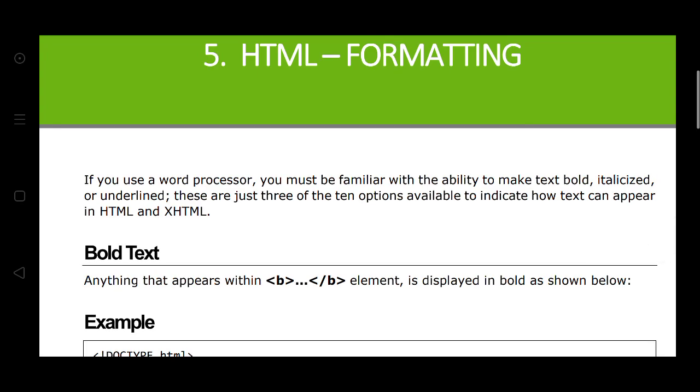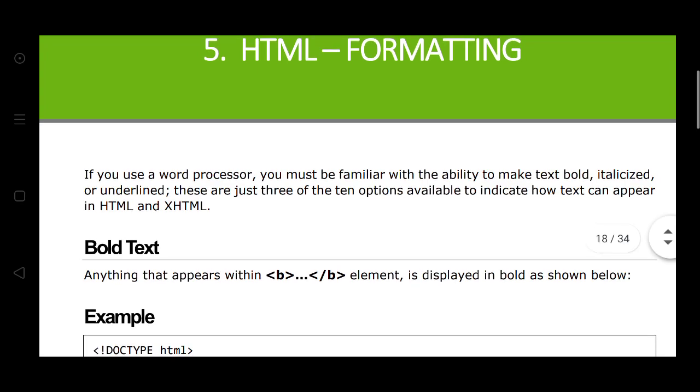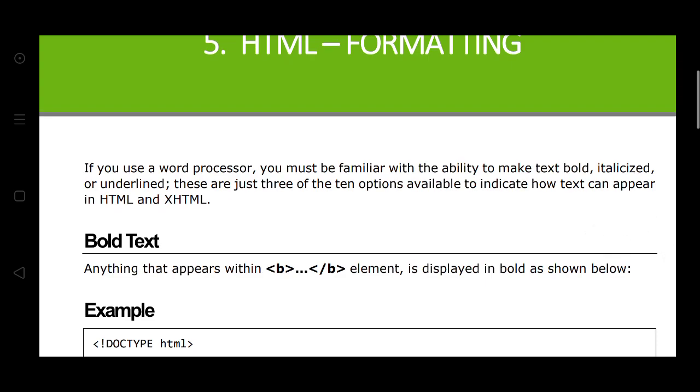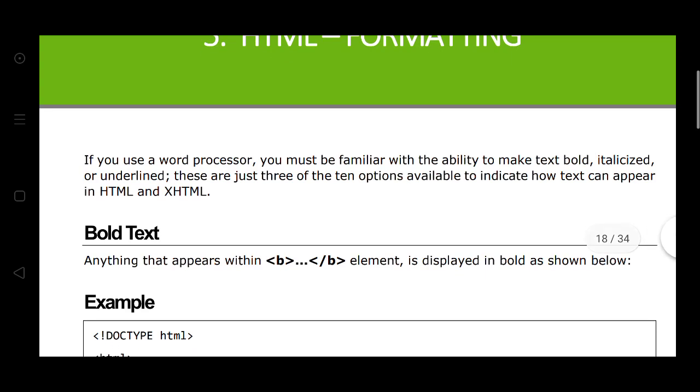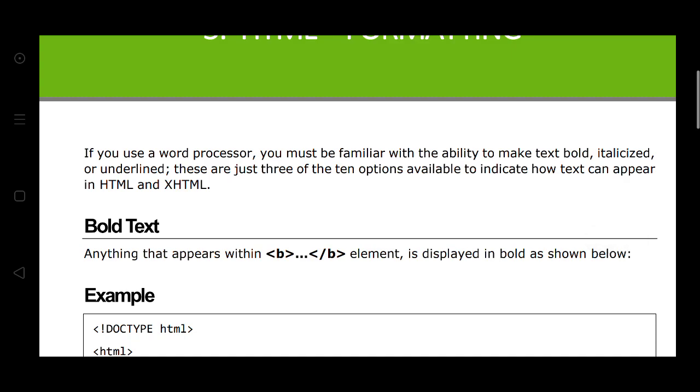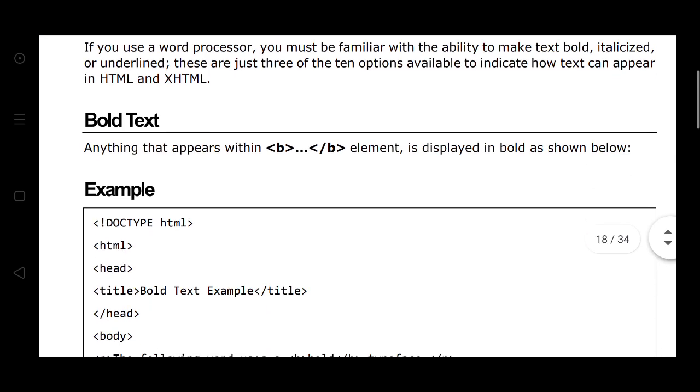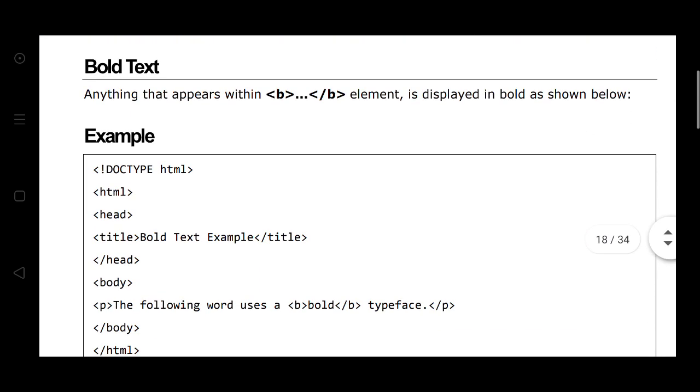The bold text: anything that appears within the B, meaning bold the text, and close the bold, the text element is displayed in bold as shown below. Here is an example for the bold.